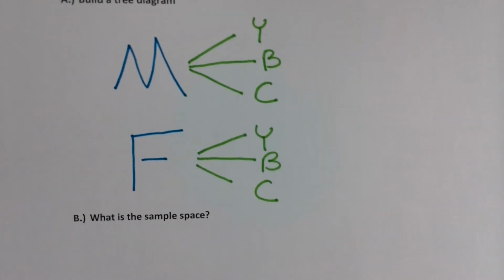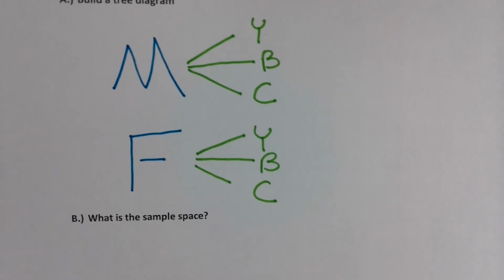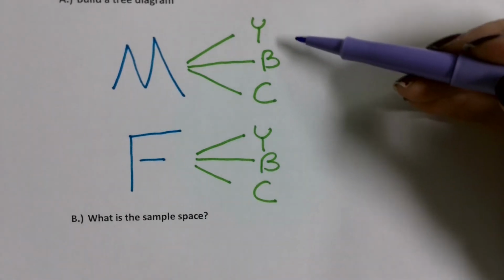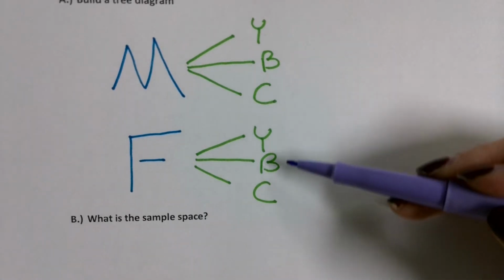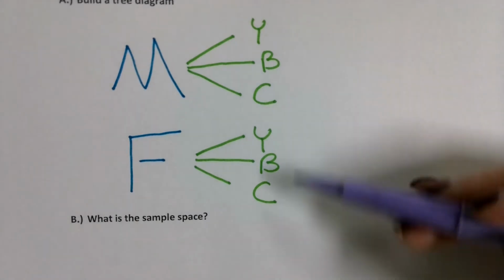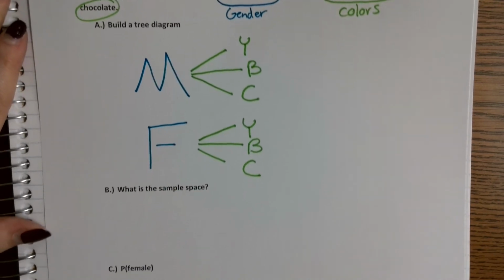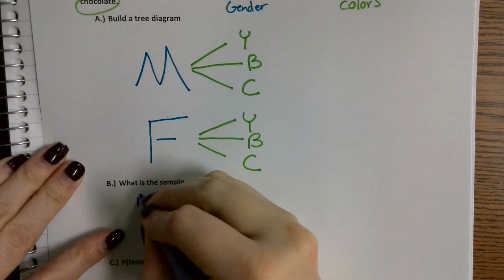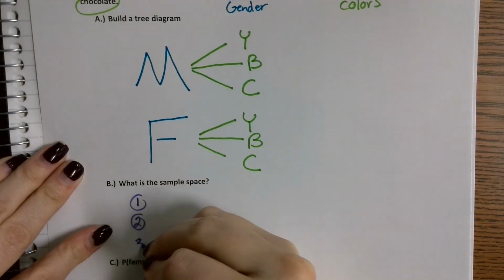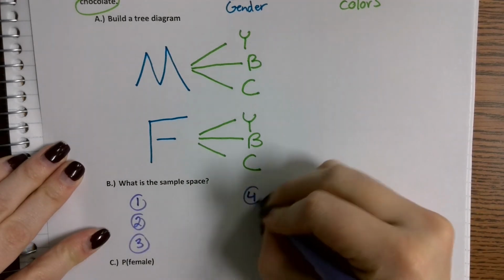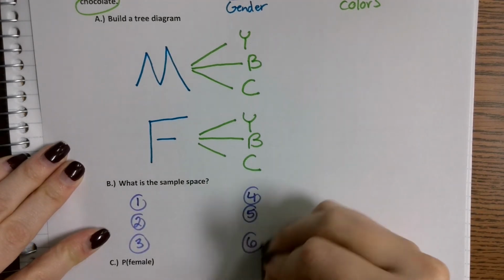So now based off of that, let's go ahead and identify our sample space. Who can raise their hand and tell me how many outcomes am I going to have in my sample space? 6, because my last segment has 6 listed. So we're going to have 6 options or 6 total outcomes that we can place in here. So I'm going to go ahead and number 1, 2, 3, 4, 5, and 6.